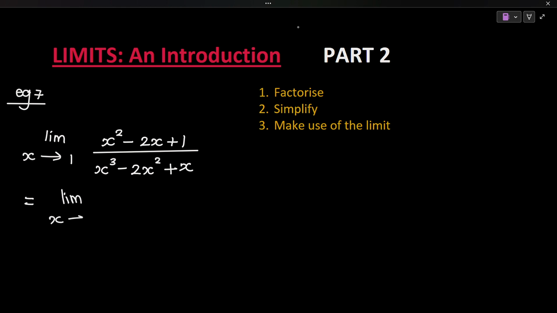Now, you are most welcome to pause the video and try out this problem on your own, and you can check if we get the same answer at the end.